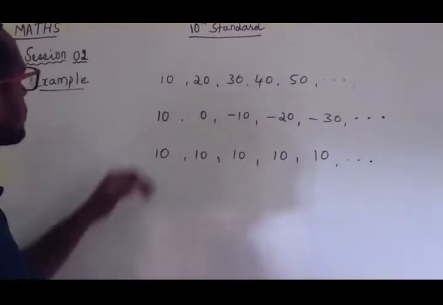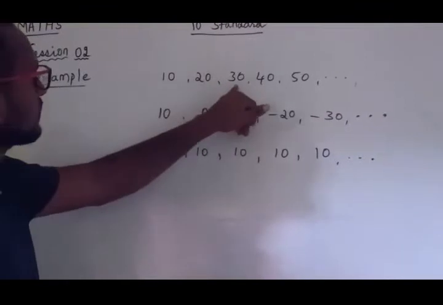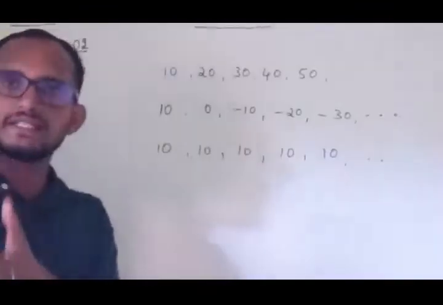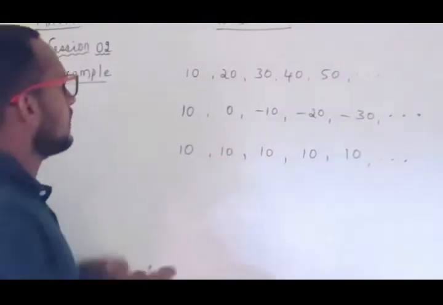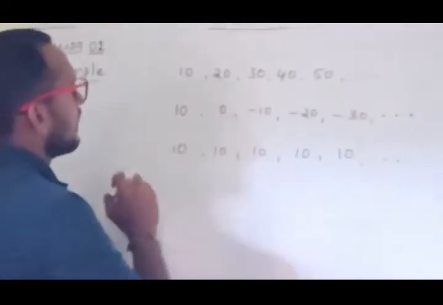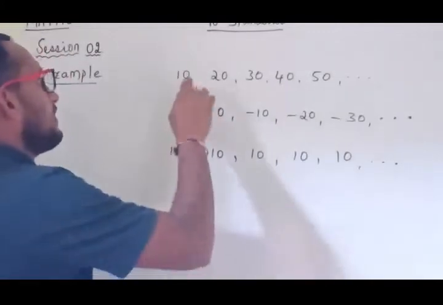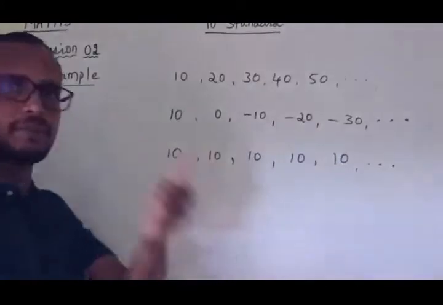In the first sequence, 10, 20, 30, 40 and 50, there are consecutive multiples of 10. The second term 20 has been obtained when you add 10 to the previous, or preceding, one.